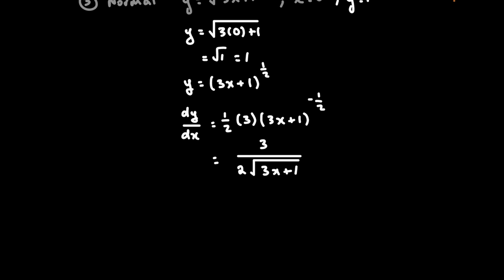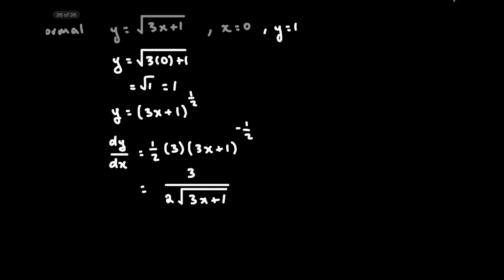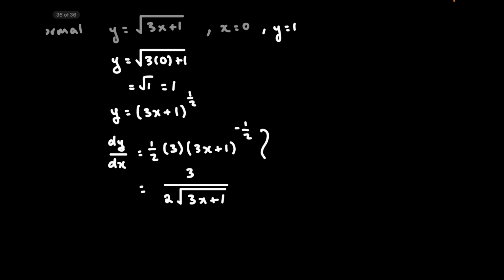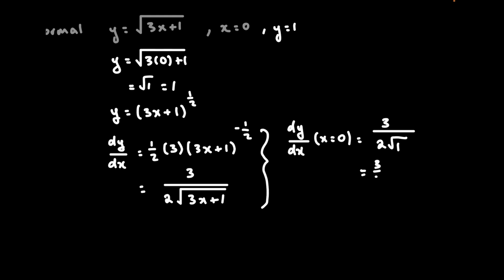Now, we're still not done. We still need to work out the gradient of the tangent. So to work out the gradient of your tangent, all we would have to do is just substitute in x equals 0. Substitute x equals 0, and what would we get? We would get 3 divided by 2 times the square root of 1. That just becomes 3 over 2.